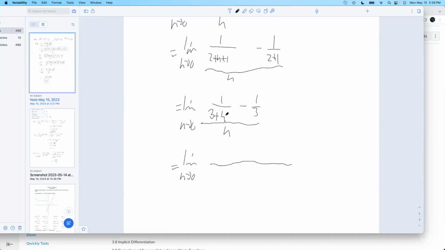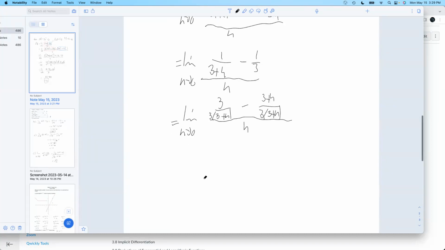So I got to multiply top and bottom here by 3. And I have to multiply top and bottom here by 3 plus h. And don't forget this over h there.